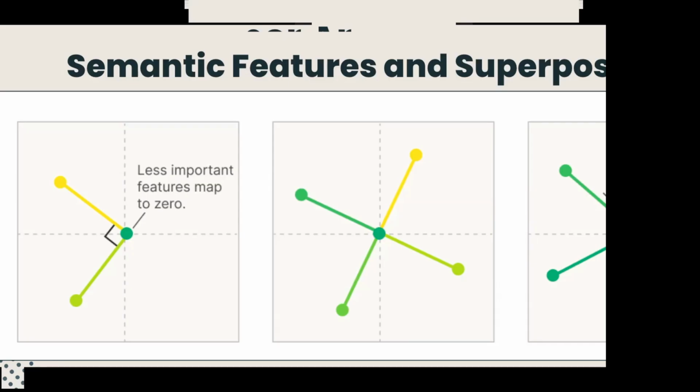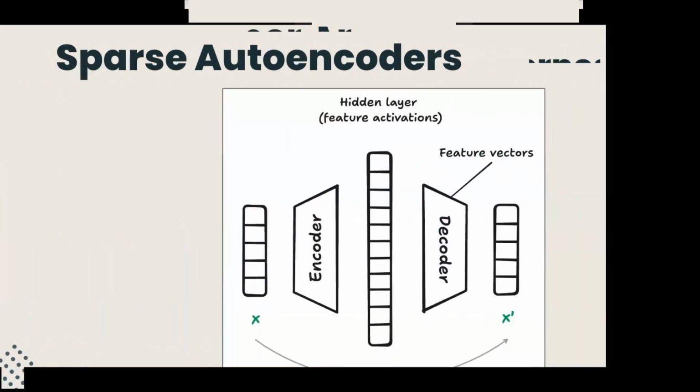And this poses the question, how can we access that higher dimensional feature space from our neuron activations? And this is actually done with something called a sparse autoencoder. Essentially, a sparse autoencoder is a neural network that is trained to create a sparse high-dimensional representation of the model's neuron activations, which is like a sort of feature space.